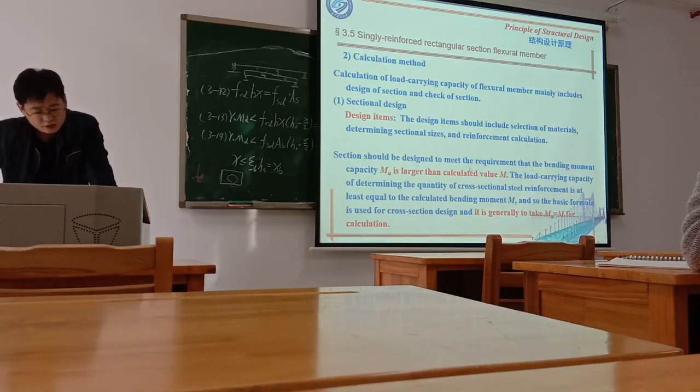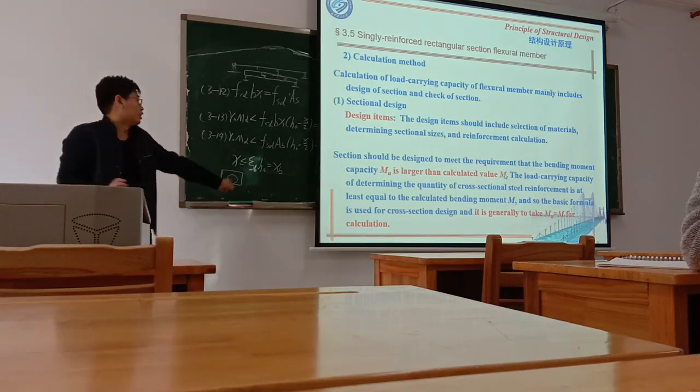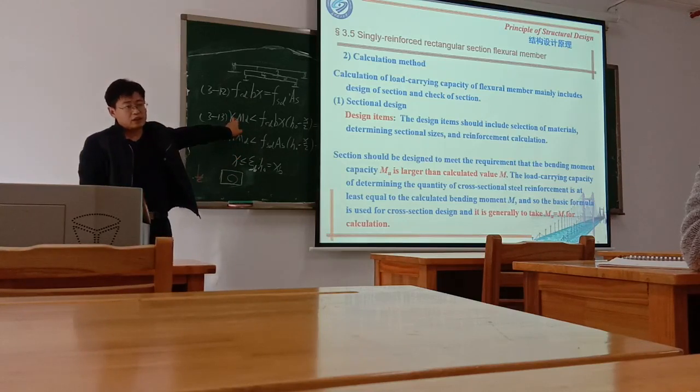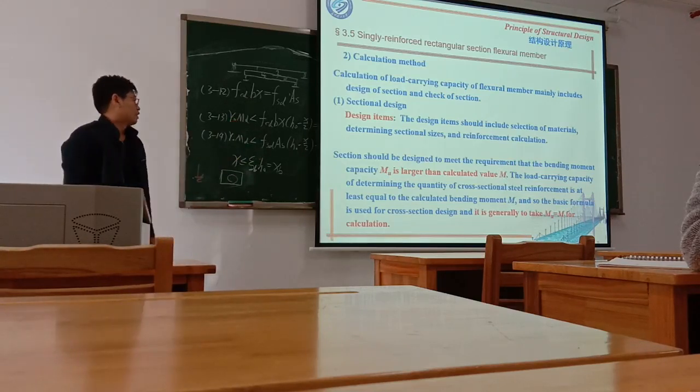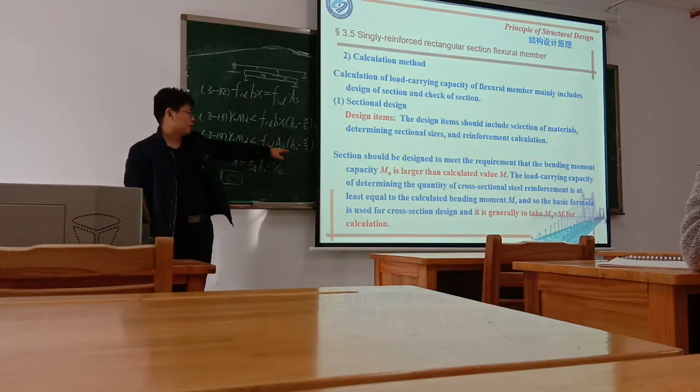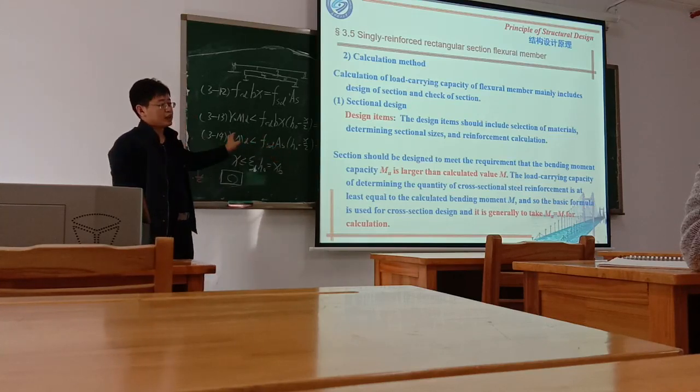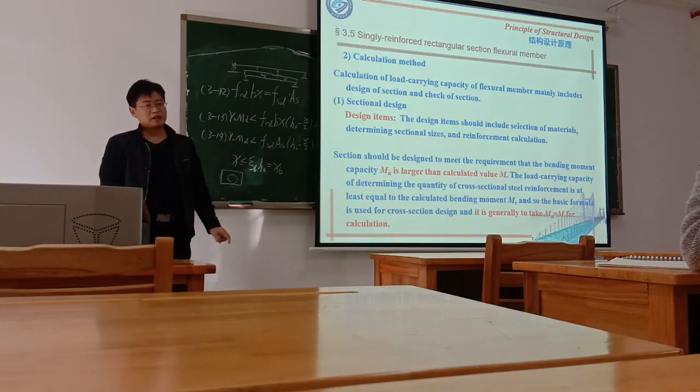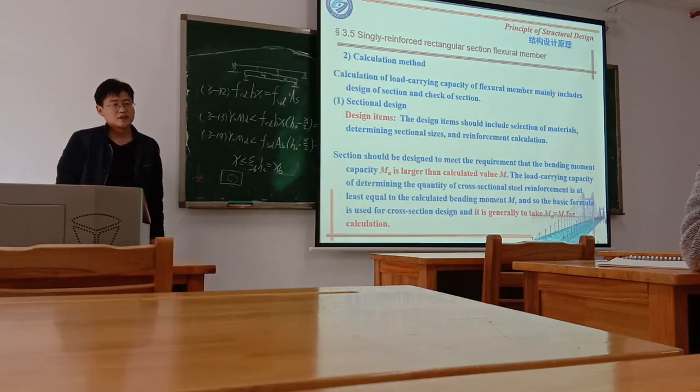The section should be designed to meet the requirement that the bending moment capacity Mu is larger than the calculated value M, or here Md. That means your resistance capacity should be larger than the load induced by the external force.